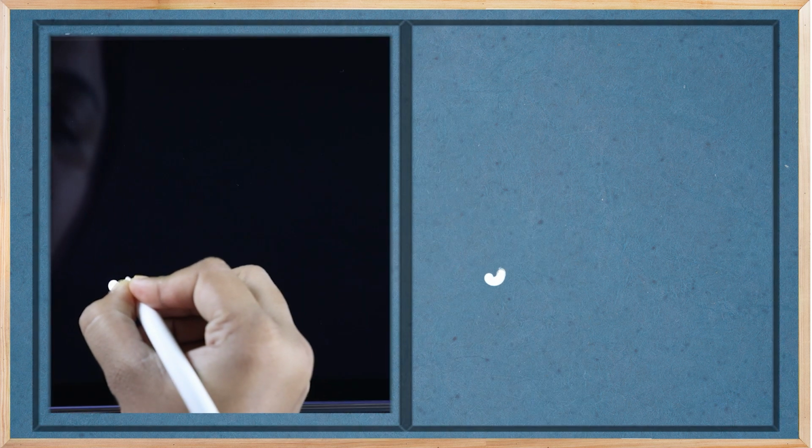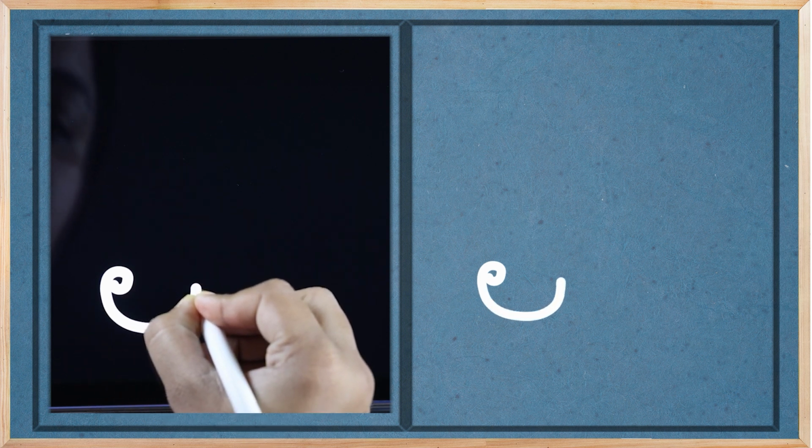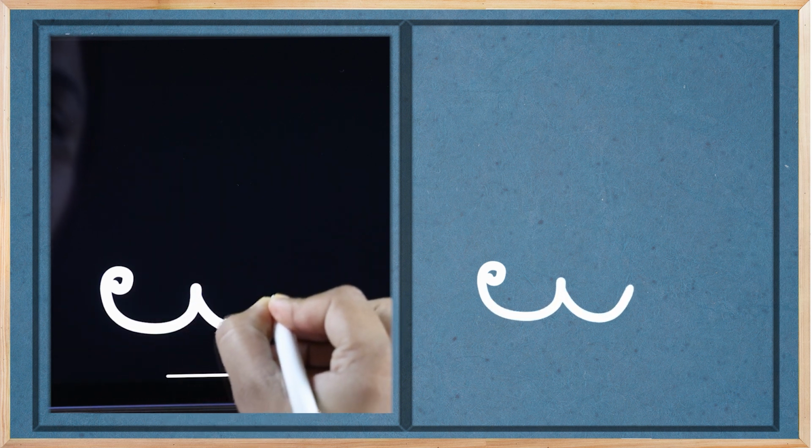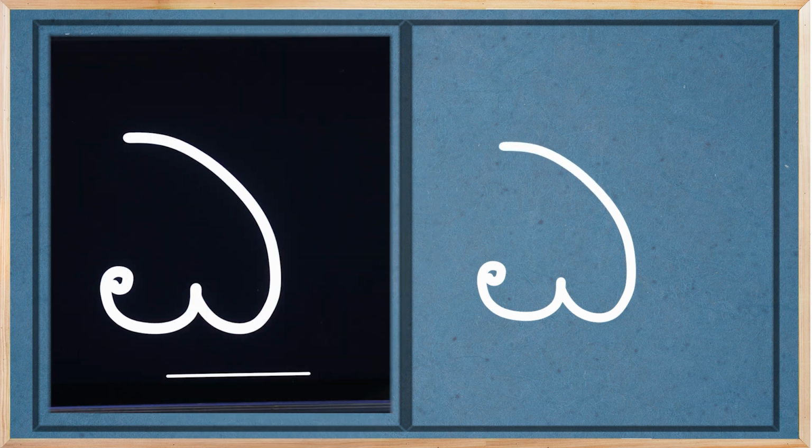To write the letter A, begin with a small circle on the left followed by 2 half semicircles. The second semicircle continues a little above, completing the shape.